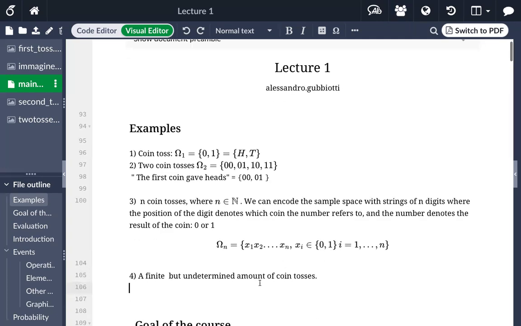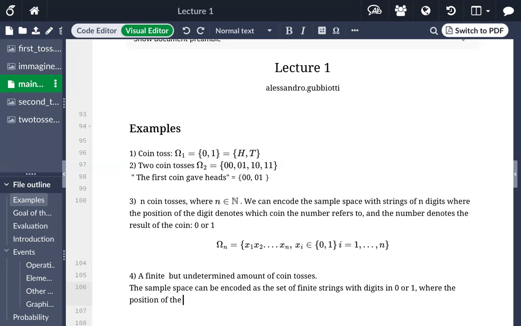The sample space can be encoded as the set of finite strings with digits in 0 or 1, where the position of the digit refers to which coin you tossed.